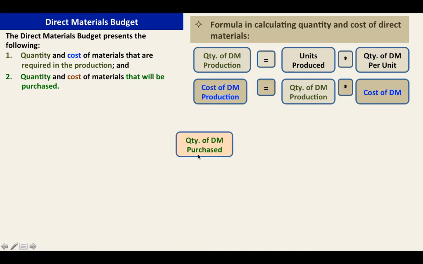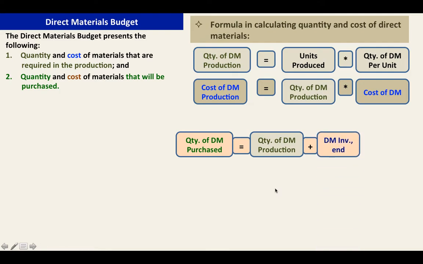In this, the formula is: quantity of direct materials purchased will be equivalent to the quantity of direct materials in production, plus how many direct materials you need to have as your ending inventory, less your direct materials inventory beginning.